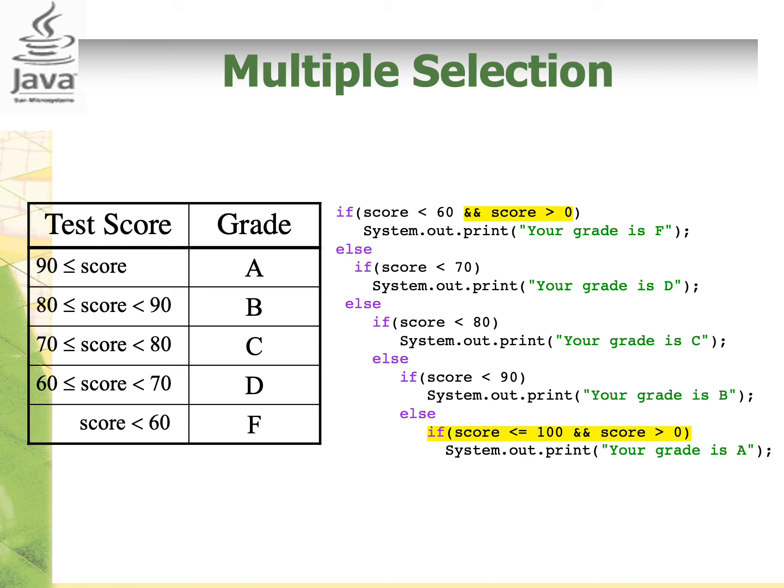Within the else, we have another if. It checks, is minus 100 less than 70? That becomes true. So it will display your grade is D, even though we know that minus 100 is an invalid number. That's why we need to write the operator AND and also score larger than 0 at each of the if statements that we have in this code.